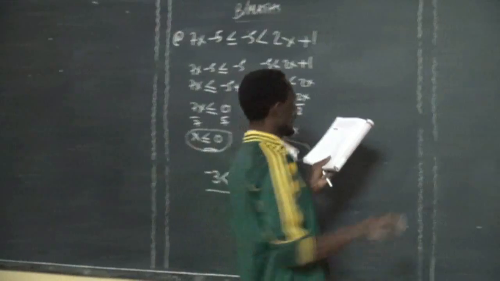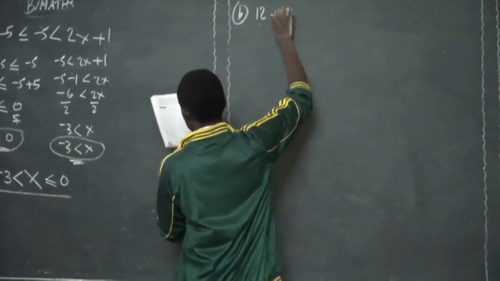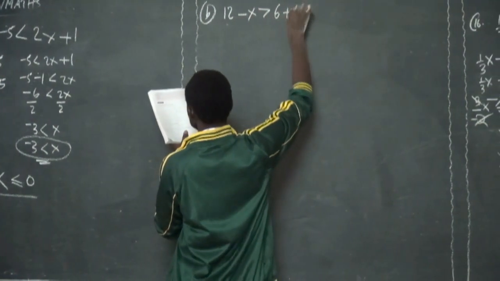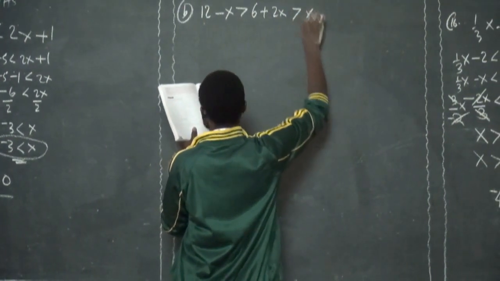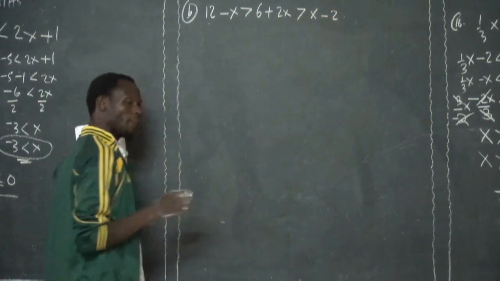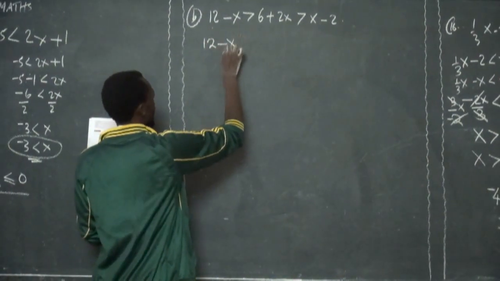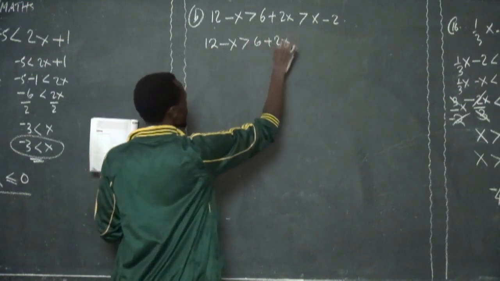Then b, it was 12 minus x greater than 6 plus 2x, then greater than x minus 2. The same concept that you have done here. Now you have 12 minus x is greater than 6 plus 2x.